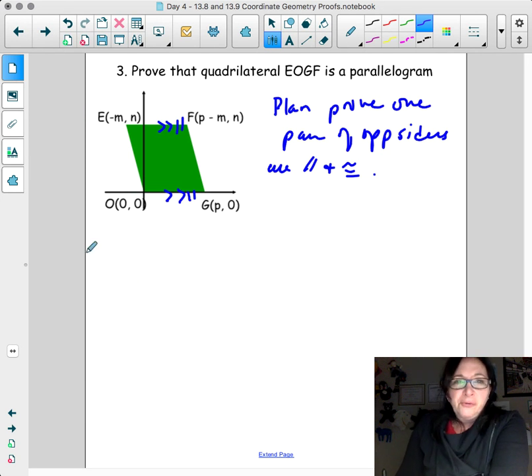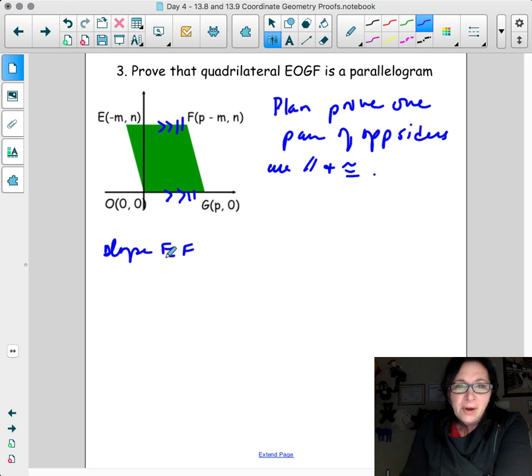Okay, so first let's show that one pair of opposite sides are parallel. In doing that, we're going to use the slope formula. So I'm going to find the slope of EF, and I'm going to find the slope of OG. In doing the slope formula, I'm going to subtract my y's over subtract my x's.